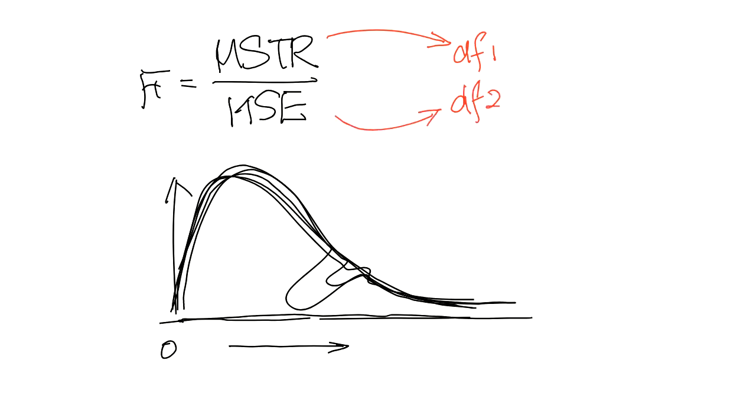Can you remember how many degrees of freedom in MSTR? MSTR was the between, k minus 1, between k samples. MSE is within, inside, from all individuals, big N minus k.